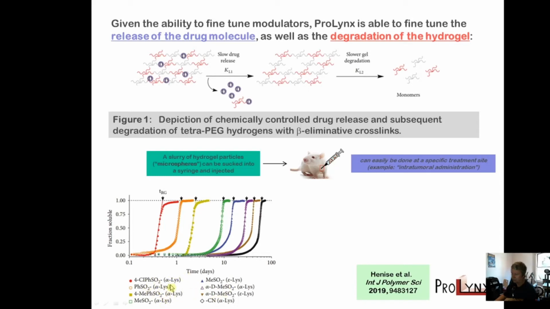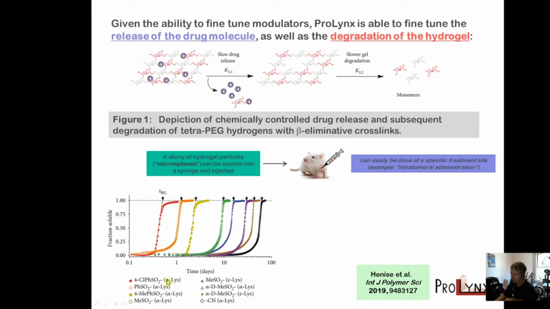Also, we're going to show this alpha lysine and epsilon lysine on the next slide. These are different arrangements of how they put this all together. But the 4-chlorophenyl sulfone, the phenyl sulfone, the methyl sulfone, and 4-methylphenyl sulfone, all of these have different degradation rates.